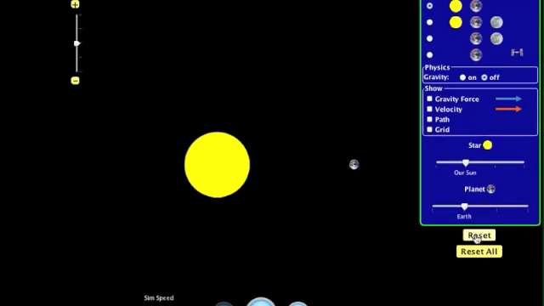Well, there are always two forces acting on the Earth or any planet: gravity and inertia. These two forces will always be fighting against one another.